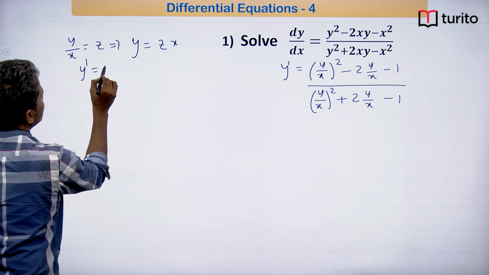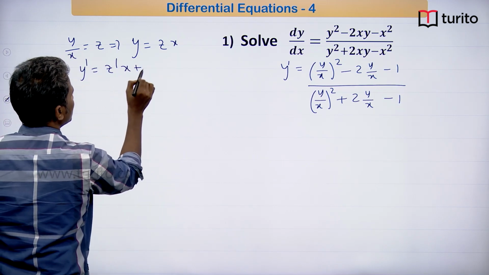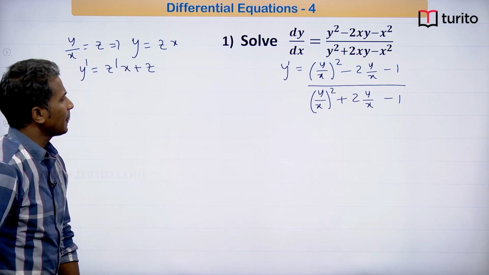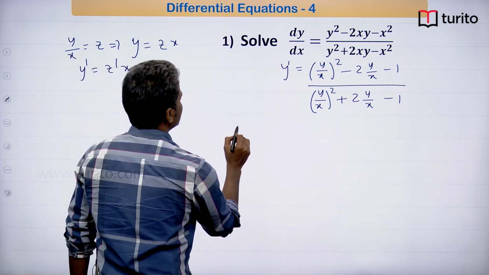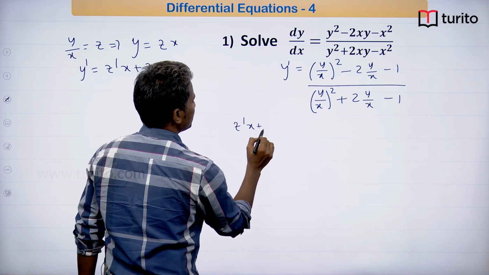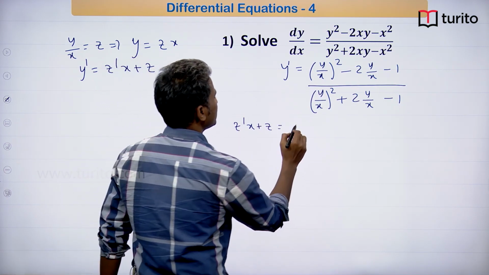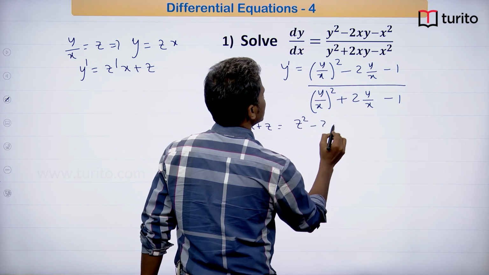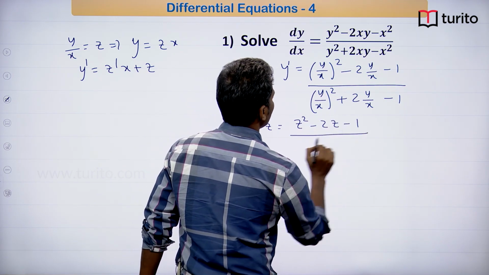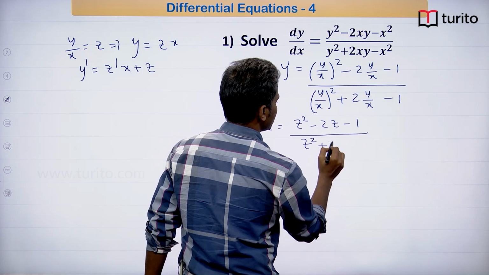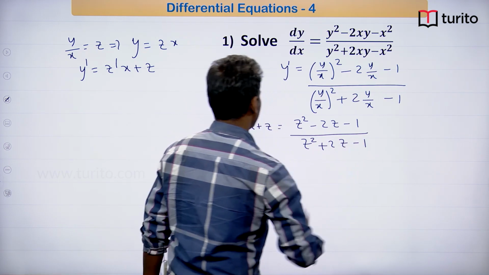Then y dash becomes z dash into x plus z. Okay. So LHS becomes z dash into x plus z. And what about RHS? RHS will become z square minus 2z minus 1 by z square plus 2z minus 1.